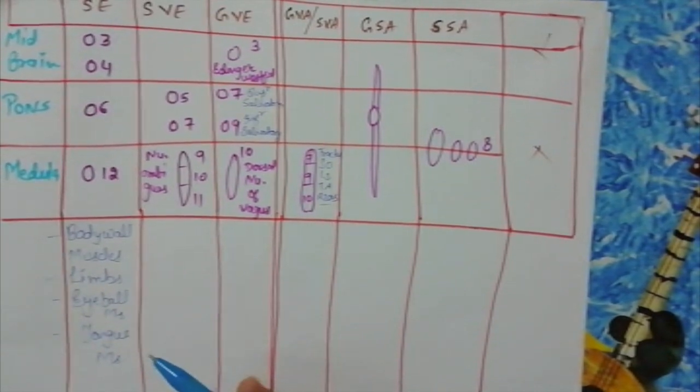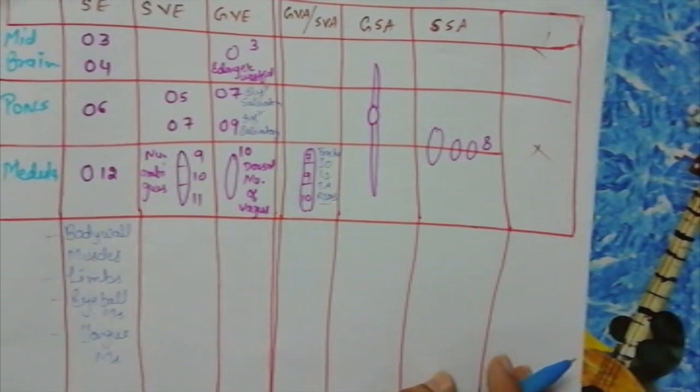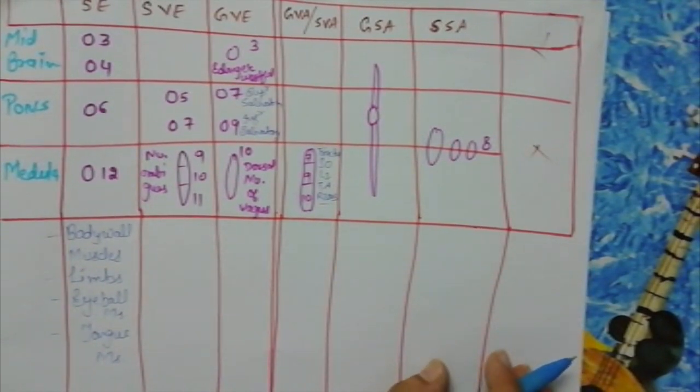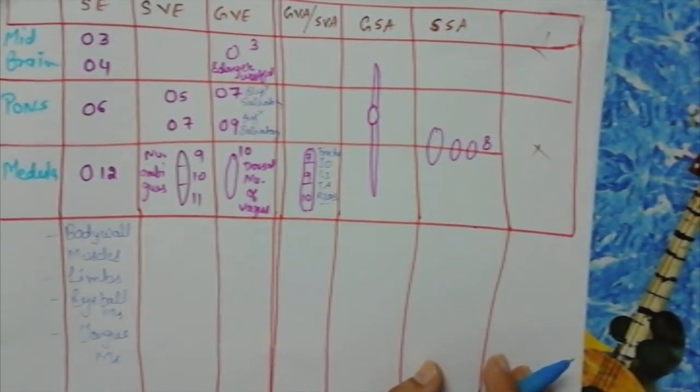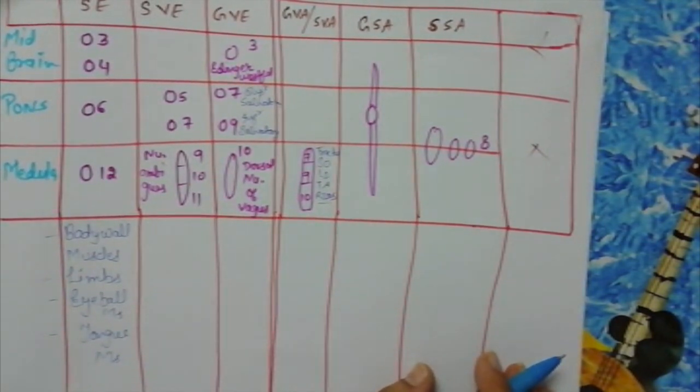Okay, then special visceral efferent. Special visceral efferent column is for the muscles which are derived from the mesodermal arches or the pharyngeal arches.